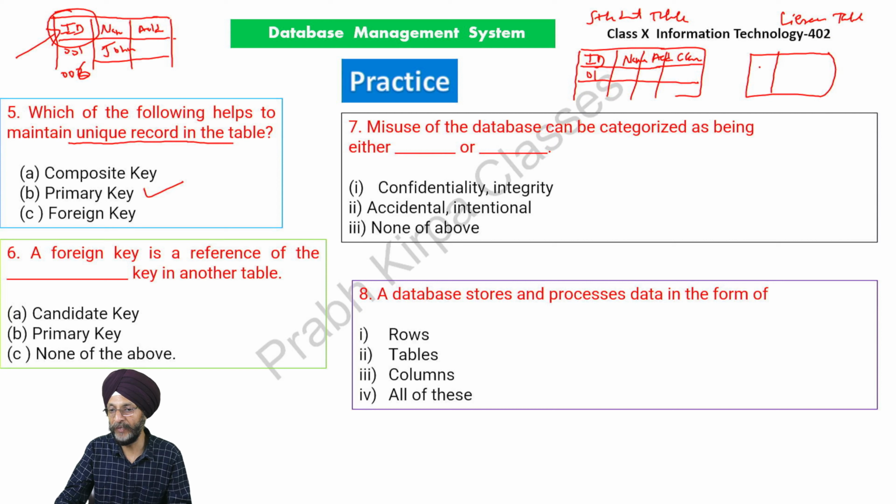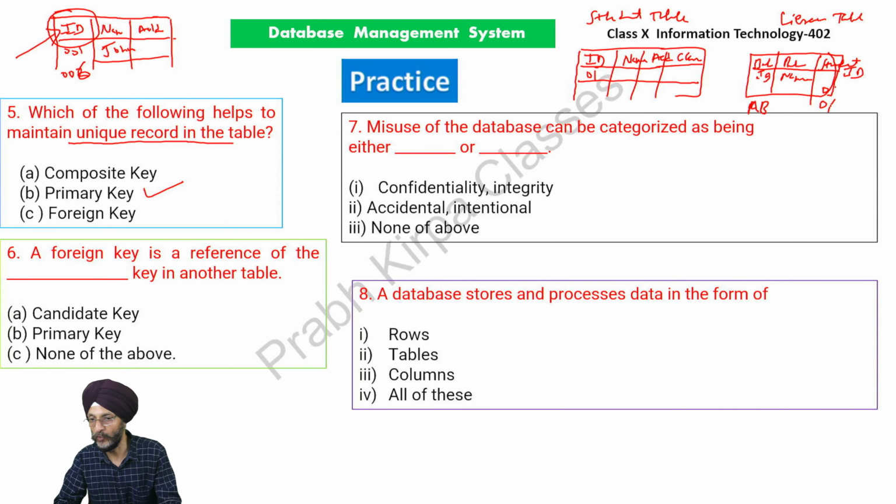Here the books have been maintained: book ID, book name, and the next column is student ID. So if a person goes there and he is given a book AB, then suppose this person gets the book, here it will get entered 01.